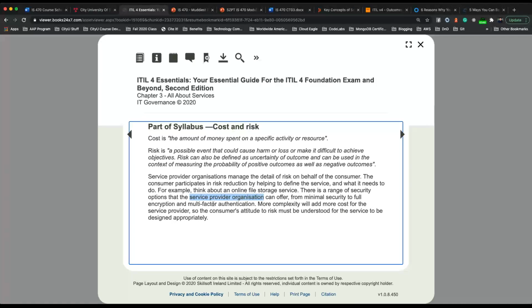So they can offer security options, from minimal security to full encryption and multi-factor authentication. More complexity will definitely add more cost for the service provider, so the consumer's attitude to risk, meaning their appetite to risk, must be understood for the service to be designed appropriately.